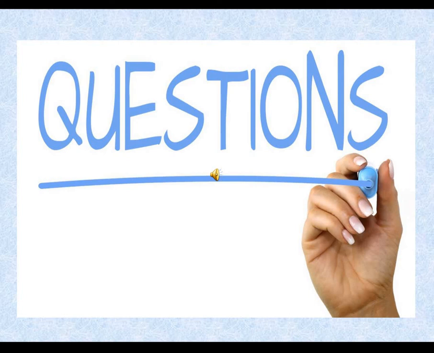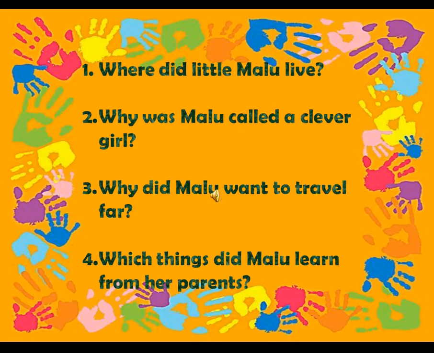Now that we have already discussed the first 4 paragraphs of the chapter Malu Bhalu, and we have also gone through a recap, it's time for you to answer some very easy questions. Question number 1. Where did little Malu live? Number 2.